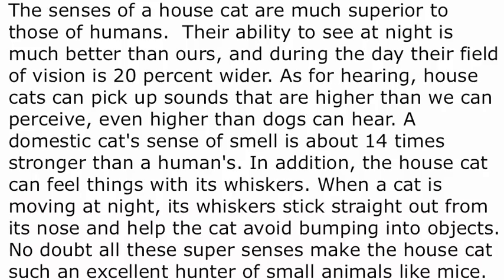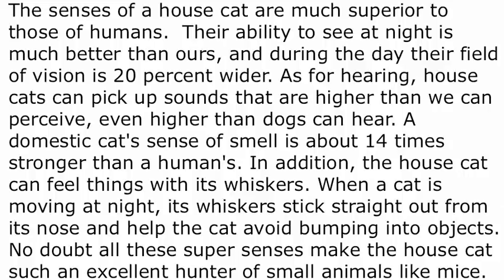The senses of a house cat are much superior to those of humans. Their ability to see at night is much better than ours, and during the day, their field of vision is 20% wider. As for hearing, house cats can pick up sounds that are higher than we can perceive, even higher than dogs can hear.